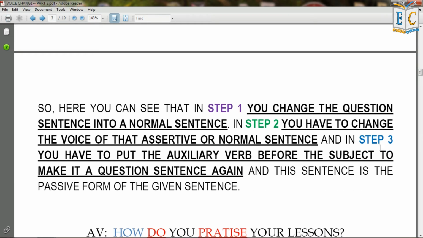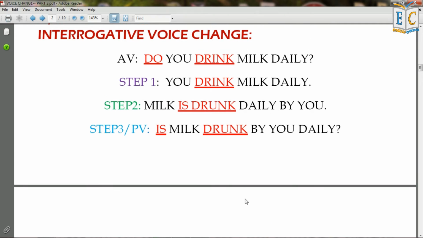In step 3, you have to put the auxiliary verb before the subject to make it a question sentence again. And this sentence is the passive form of the given sentence. As I said, you have to put this auxiliary verb before the subject and make this sentence a question sentence. So this sentence is the voice change or passive voice form of this sentence.